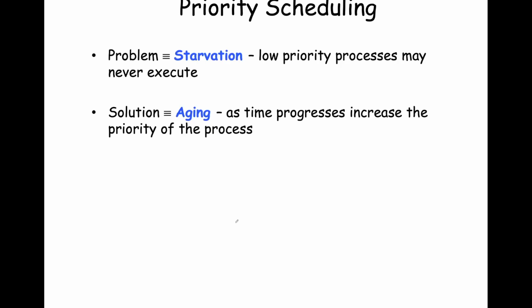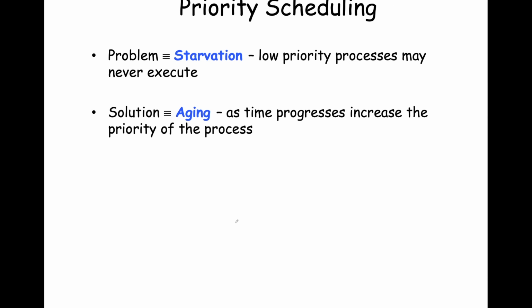All right. But the problem with priority scheduling is starvation. A process that's always low priority will never get time on the CPU and thus will never execute and never make progress to completion. One solution for this is called aging.